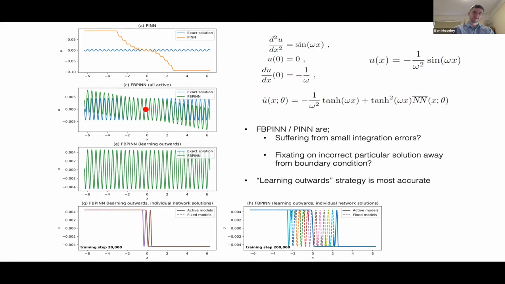Whereas if we take this learning outwards approach, the boundary is communicated as you go outwards. For example, for this problem, a particular solution can contain a term that's linearly dependent on x, and you can see a y equals x kind of superposition of the solution in the all-active FBPINN.